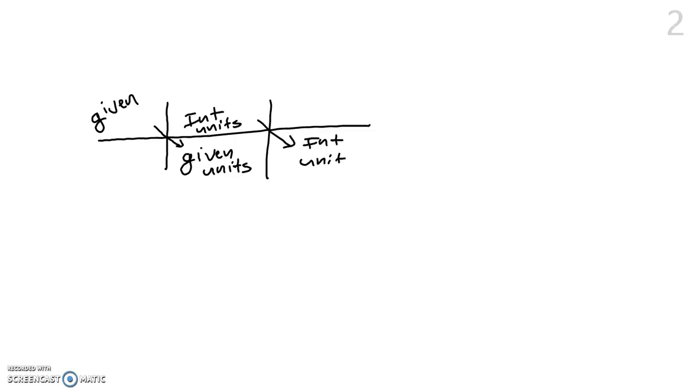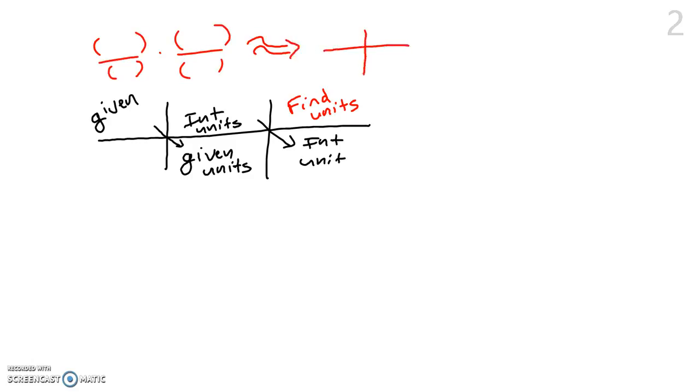And finally, units we're trying to find. So we pretty much got rid of the parentheses, and instead, we just have a box where this first one is like a normal one. We have what we're given here, same units down here, that's what we're trying to find. We will do this multiple times in the future, but we have to remember that we always start here, these units are the same, and then here's what we're trying to find, always.